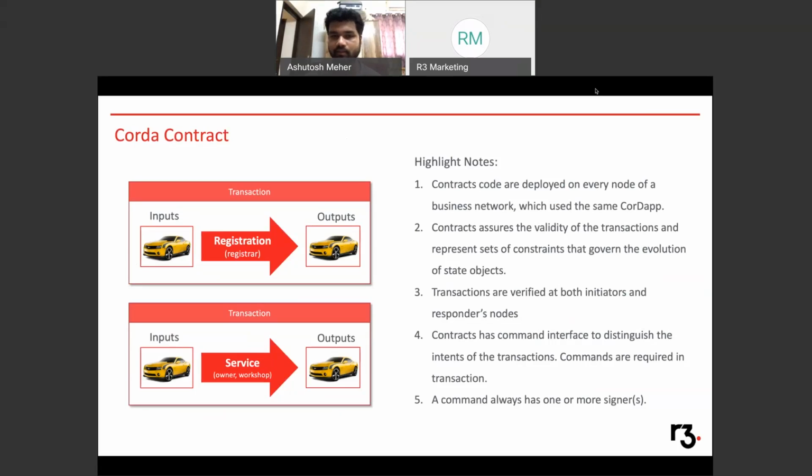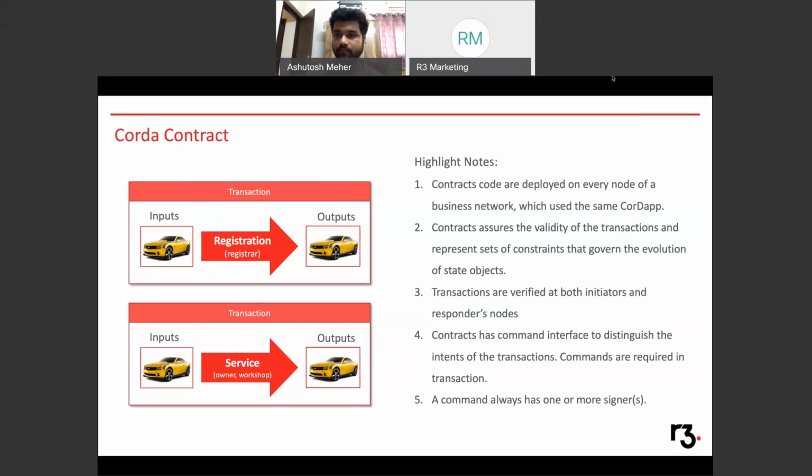For a registration, for example, if I am registering my vehicle, only the registrar or the regional transport authority has a say on this transaction, and his signature alone will be sufficient. But when you're going for a service of a vehicle, the signing parties could be completely different. I as the owner want to inspect whether the service has been done properly, and the workshop owner also needs to sign saying that the workshop job has been done properly. So depending on the command, there are different signers, and your signers are carried within the commands themselves.